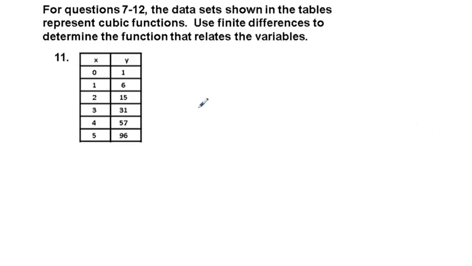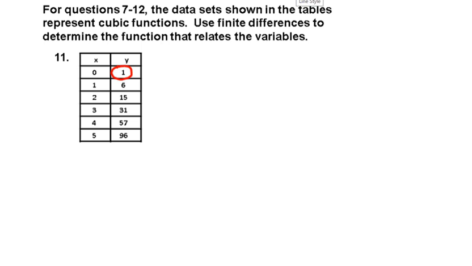Okay, the last one I'm going to do in this video lesson is number 11. And we'll just go ahead through the process here. We already know we have a y-intercept of 1.